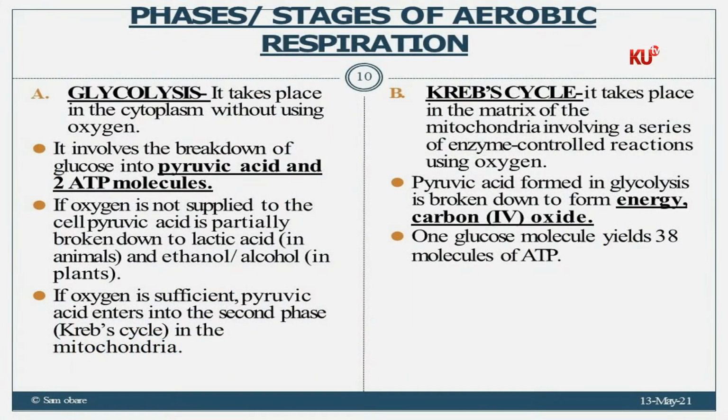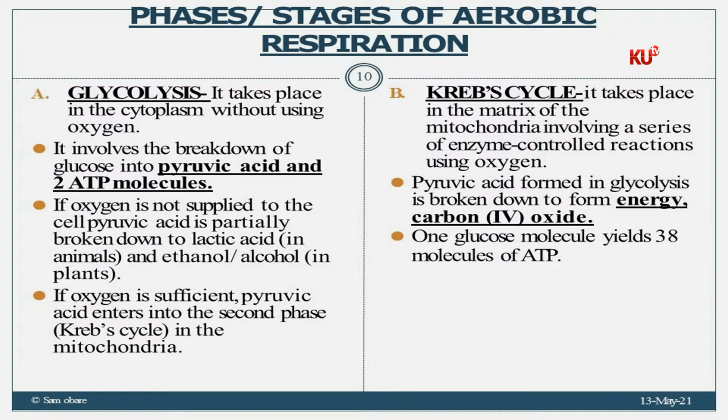If oxygen is not available in glycolysis, then pyruvic acid is further broken down in plants, so that we obtain the end products in plants: ethanol, carbon dioxide, and energy.